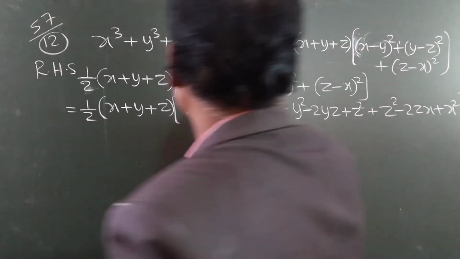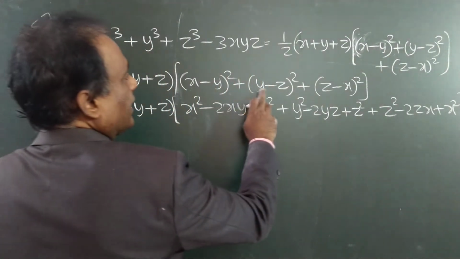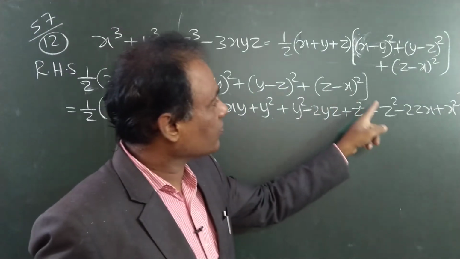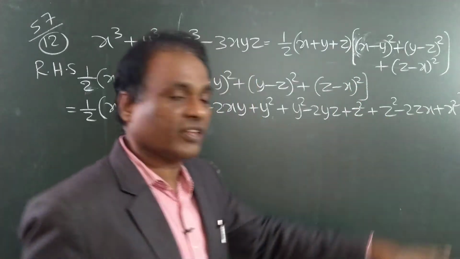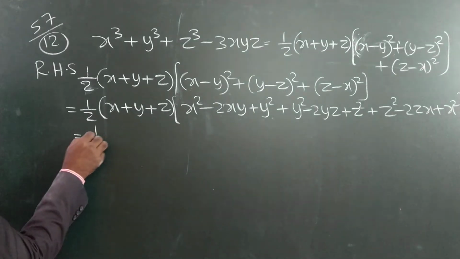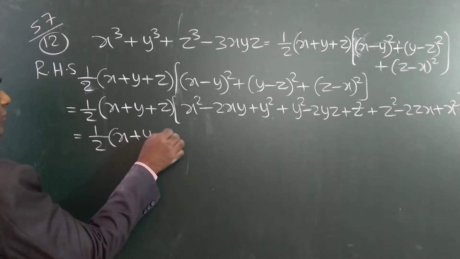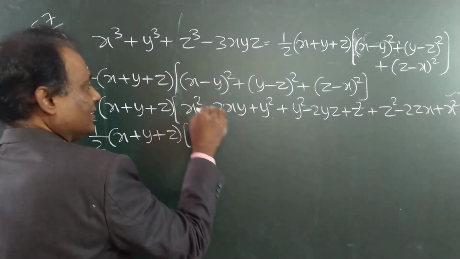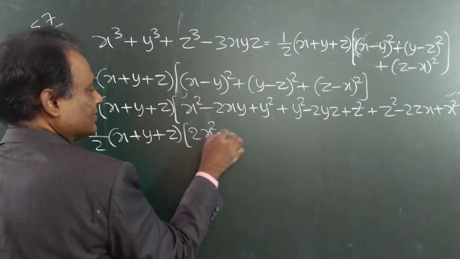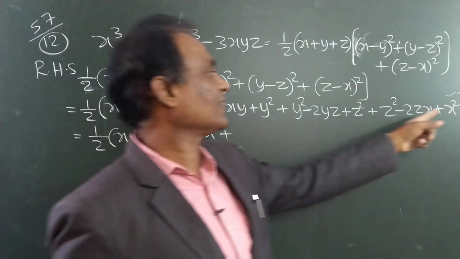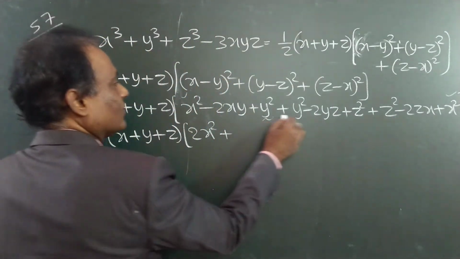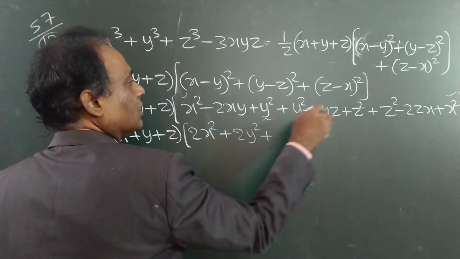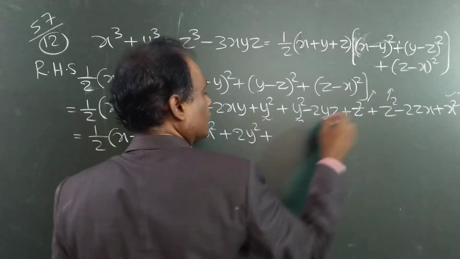Each bracket expands to a square minus 2ab plus b square. I will write one more step: x plus y plus z times the sum.